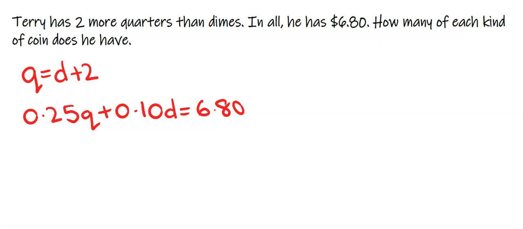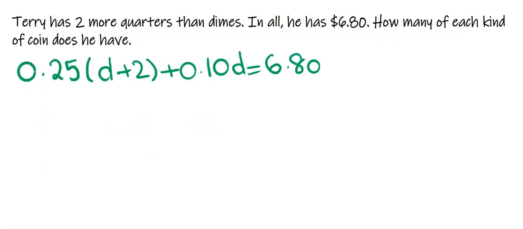So wherever there's a Q in the second equation, we put D plus 2 in place, or replace it with D plus 2. So we have 0.25 Q. And we're going to replace this Q with D plus 2. And we're going to write everything as it is.